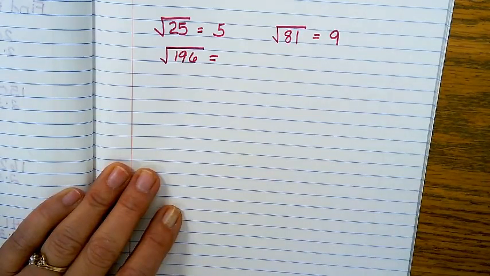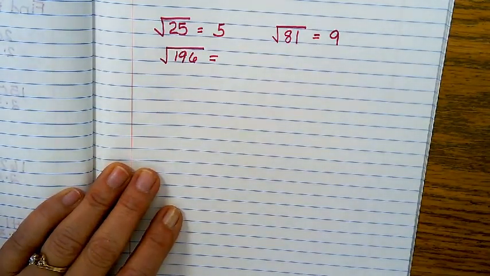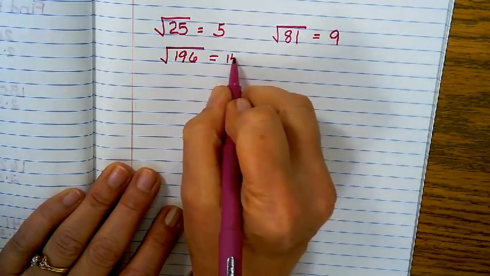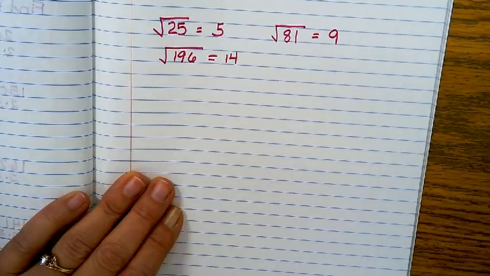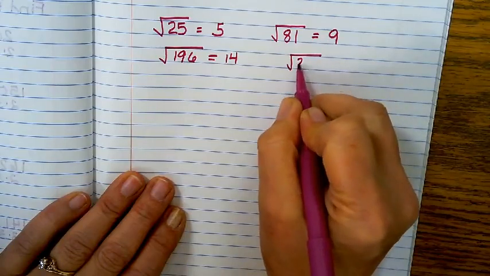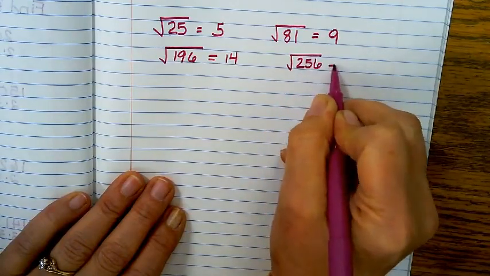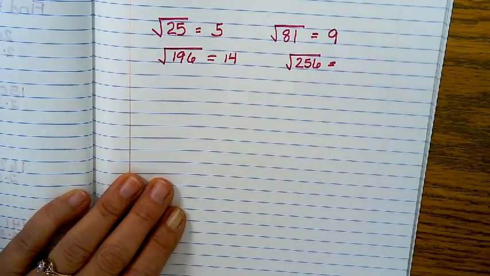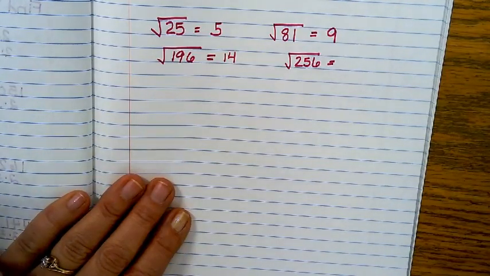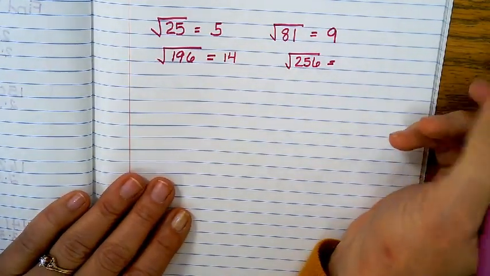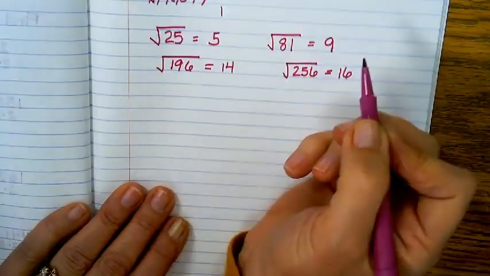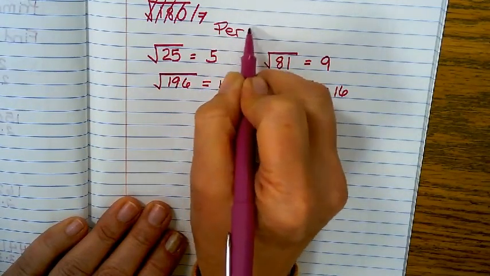Well, if you can put it in the calculator, we get 14, because 14 times 14 is 196. What about 256? Some of these numbers you probably don't recognize. So the square root of 256 is 16. These are what we call perfect square roots, when they come out to a whole number.